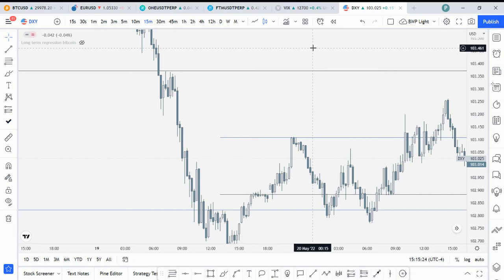So, what are supply and demand zones? Supply and demand zones are basically areas where banks and financial institutions put huge money into the market, where they are looking to fill their orders, or where they filled their orders, where they got into the market. That's basically supply and demand zones. And usually when these big money players enter into the market, they leave footprints on the chart in the form of supply and demand zones.